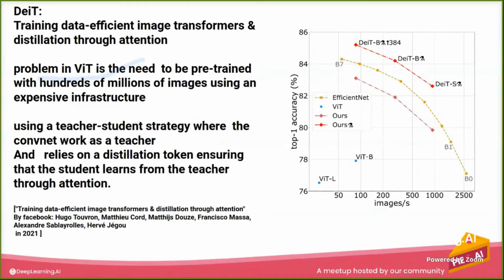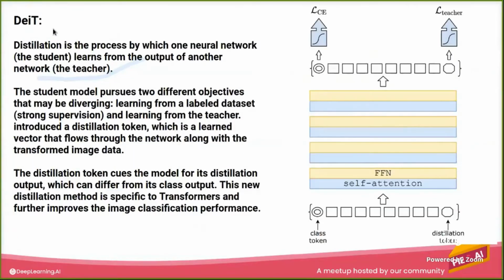How do they do it? They train a convolutional neural network on ImageNet and make it the teacher. Because we already know that convolutional neural networks have gained state-of-the-art results and can learn better representations of the image, this will be the teacher model.